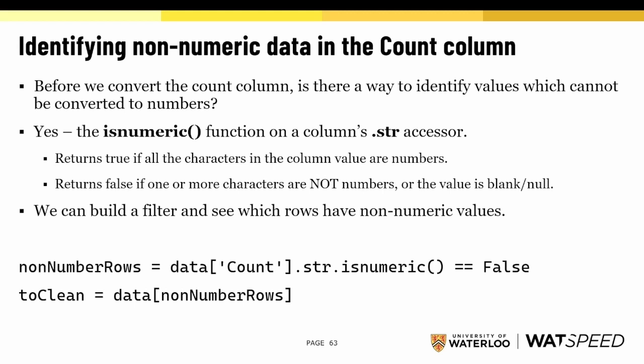Is there a way to identify values that cannot be converted to numbers? We can use the isNumeric function on the column's string str accessor, and this will give us a true or false result. It will return true if all the characters can be converted to a number, and it will return false if at least one character is not a number or the value is a blank or a null. So let's build a filter condition to see which rows have non-numeric values.